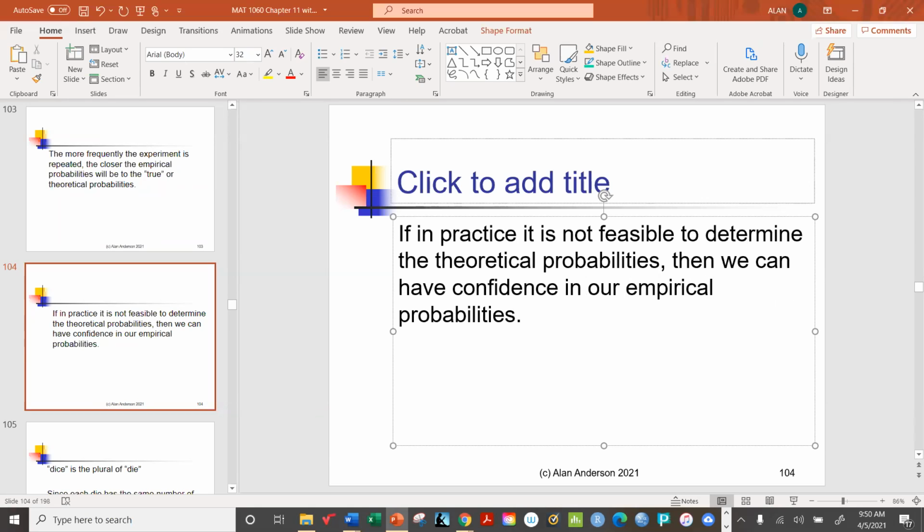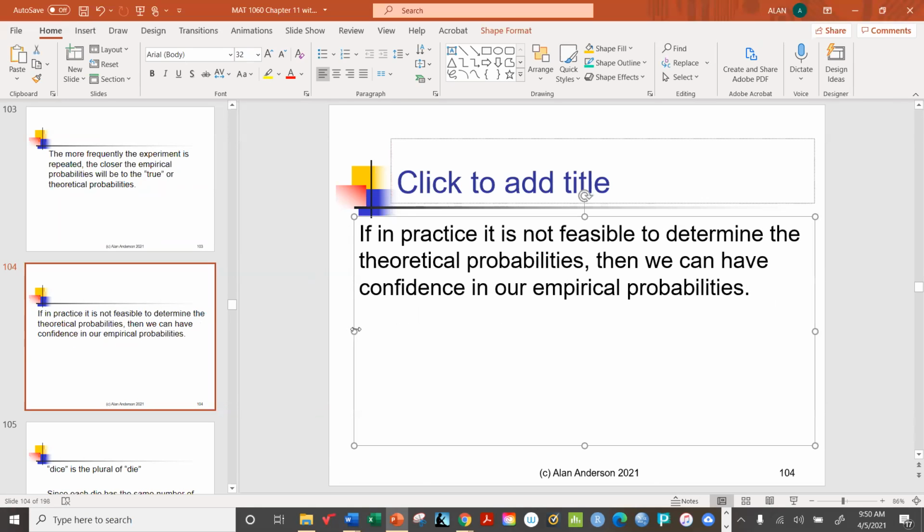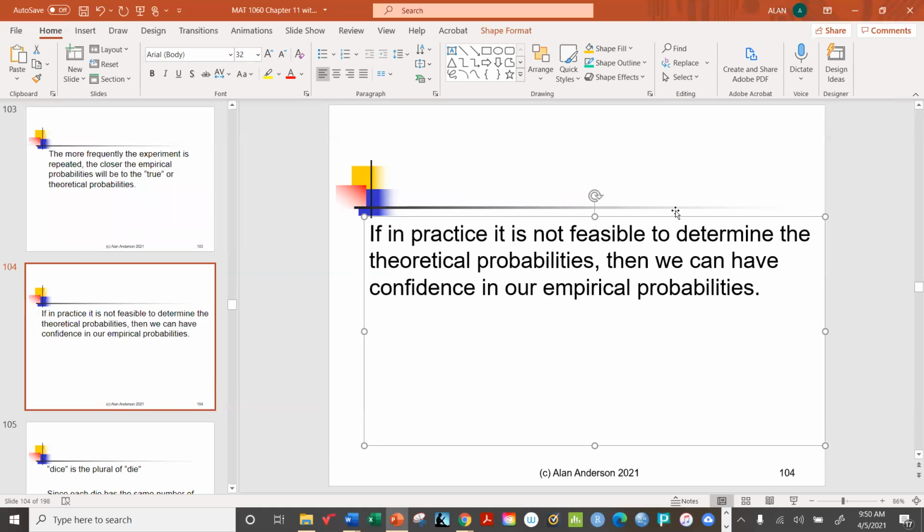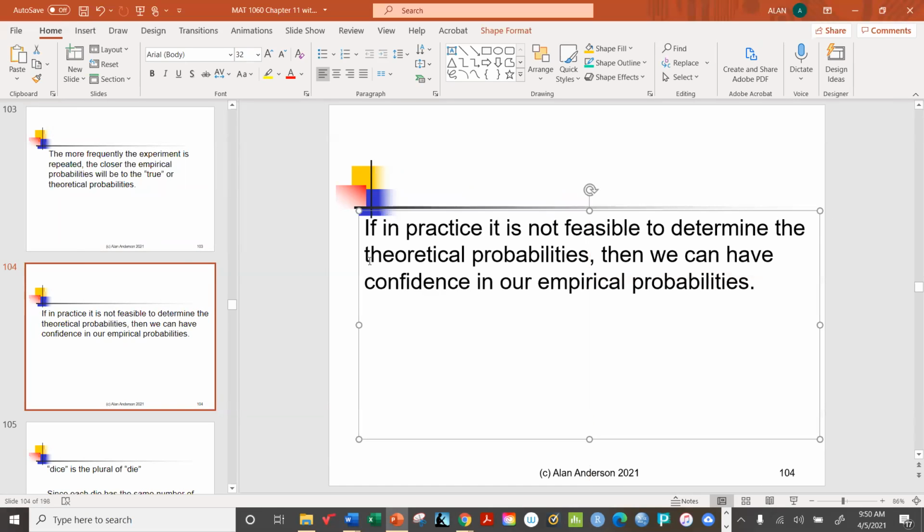In other words, we know that we don't have enough information to do the theoretical. So instead, we lean on our empirical probabilities. But if we calculate them correctly, that's okay, because we know that they'll get very close to the true or theoretical probabilities. That's very encouraging, because the whole point of statistics is to take information and draw conclusions from it based on some information that we may not have.